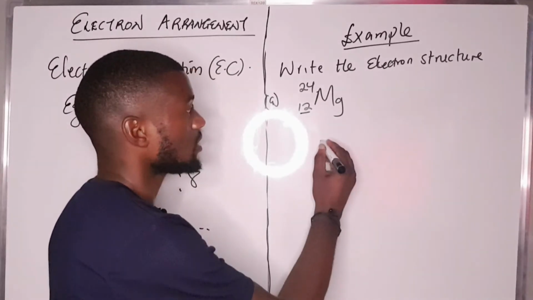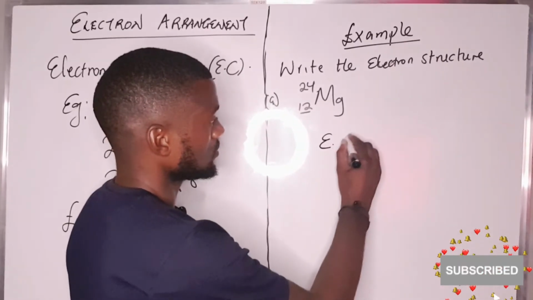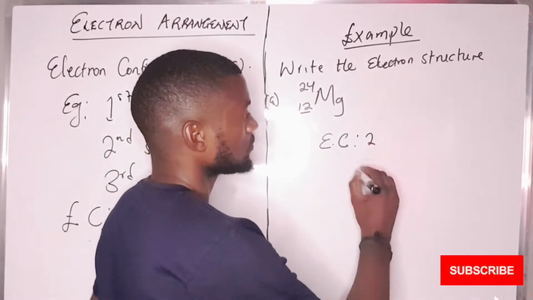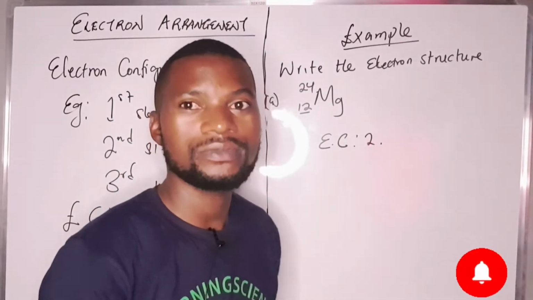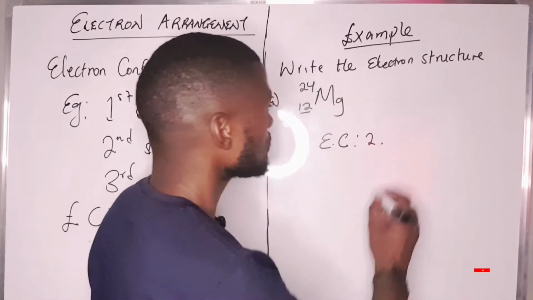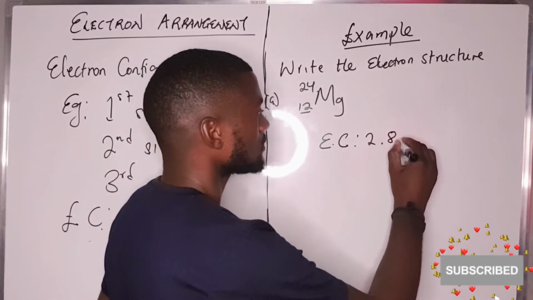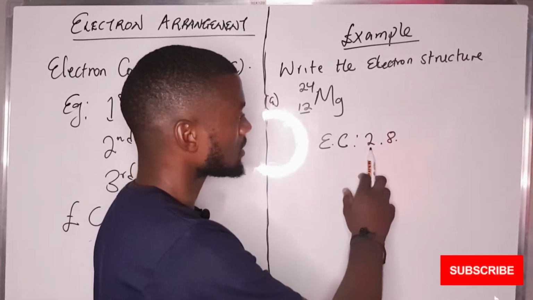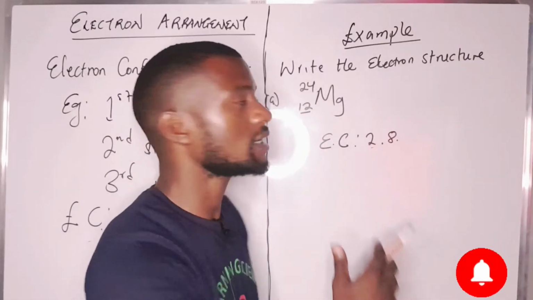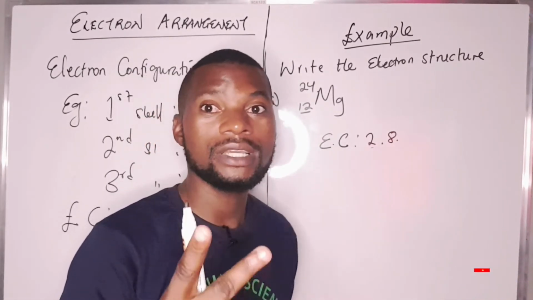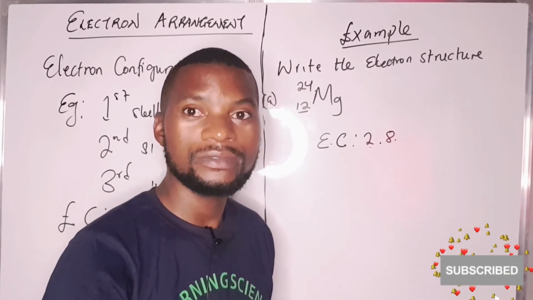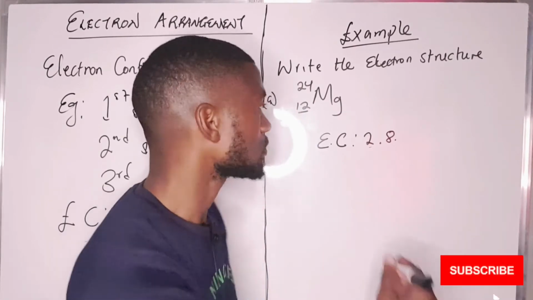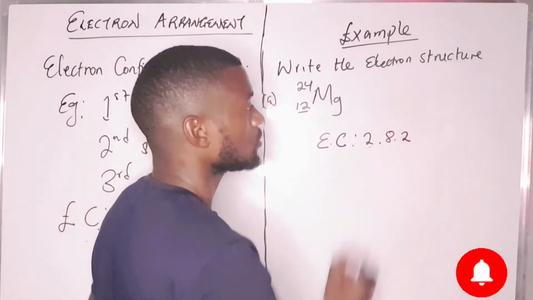The first shell will have 2 electrons and it will be filled. The second will have 8 and it is occupied. When you add 2 plus 8, you have 10. Then 12 minus 10, you still remain with 2 electrons. Since the second shell is fully filled, the remaining 2 electrons go into the third shell.